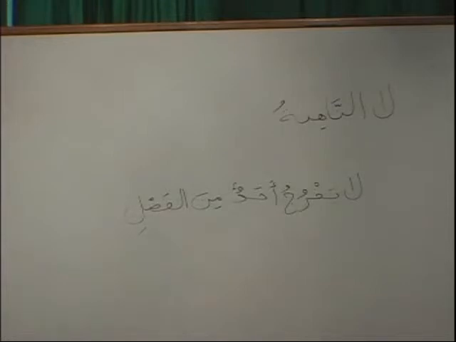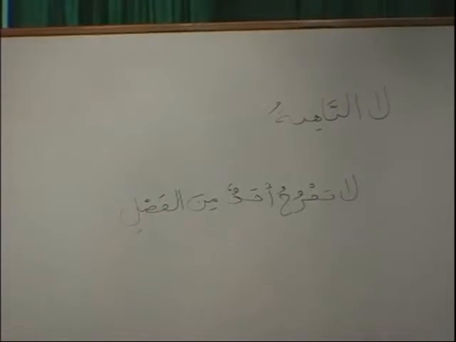Yakhruj. You know why, Brother Samad? Because I am using the fa'il singular. Are you with me? Ahadun. The verb is singular. What is the meaning of this? No one should leave the class. La yakhruj. So this is third person.